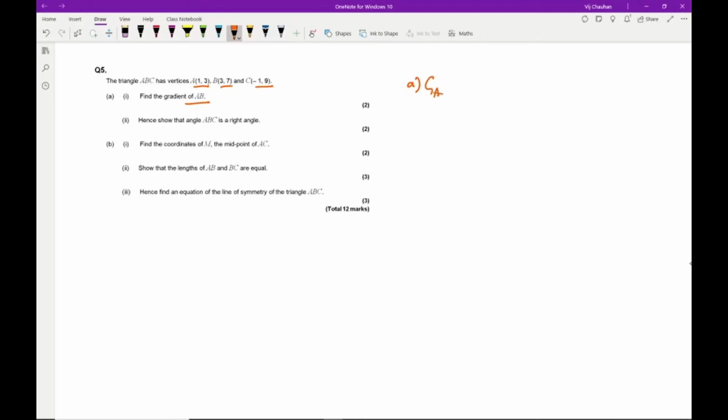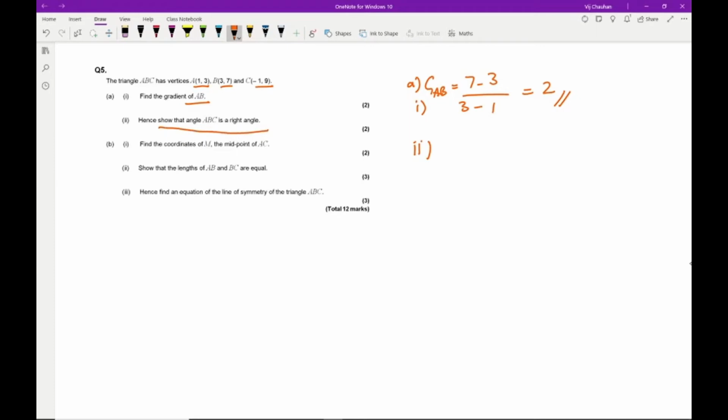So the gradient of AB, again using the formula, that's y2 minus y1 over x2 minus x1. So again, substitute the numbers in, so we get 7 minus 3 over 3 minus 1, which simplifies to give you 2, and that is your gradient for part 1. For part 2, what we want to do is prove, or hence show, that the angle ABC is a right angle.